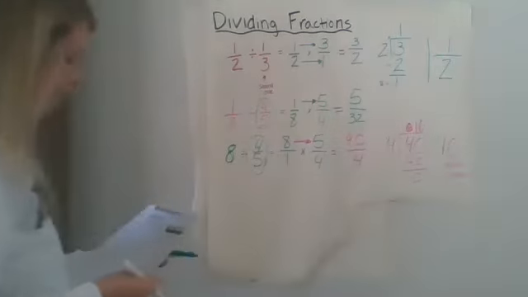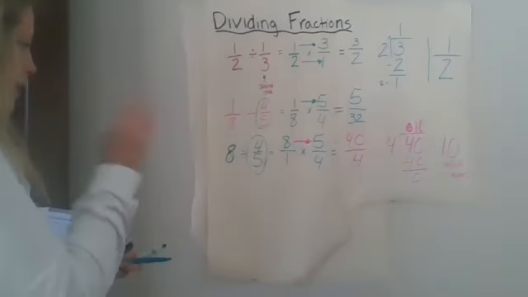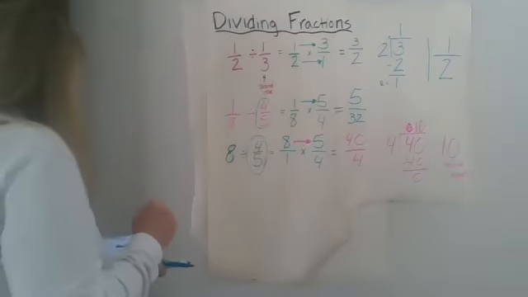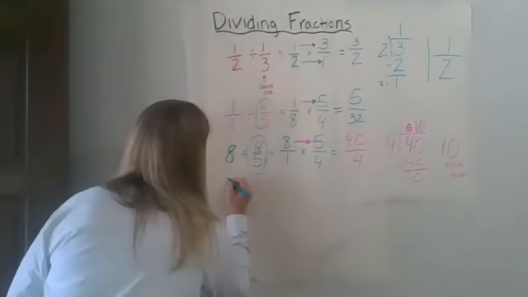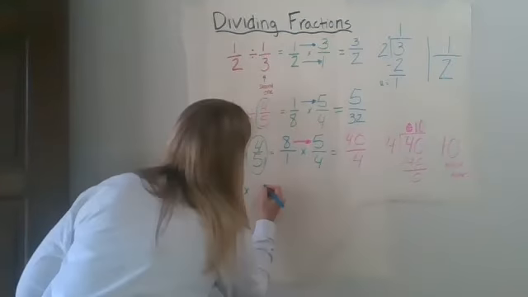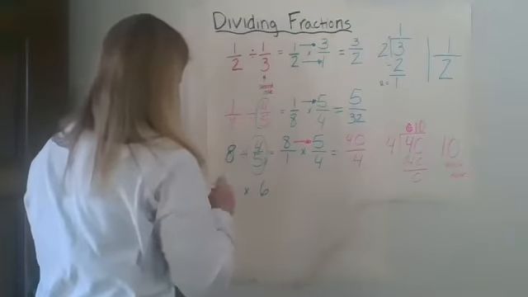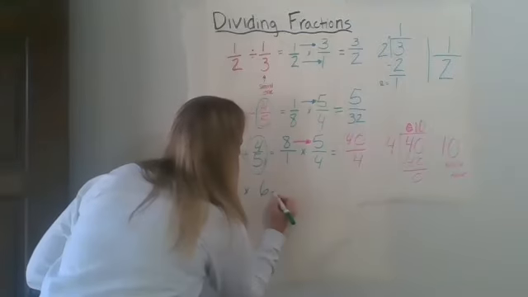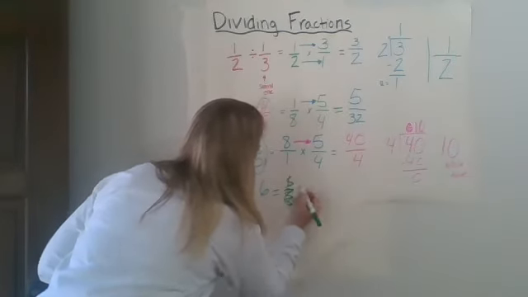All right, so we're going to do one more. We're going to reverse the setup. Let's say we have 1/2 times 6.